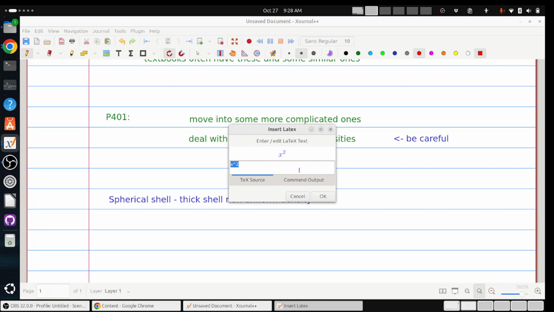And so we've got our integral of E dot dA. I'm trying to remember the LaTeX source for that.